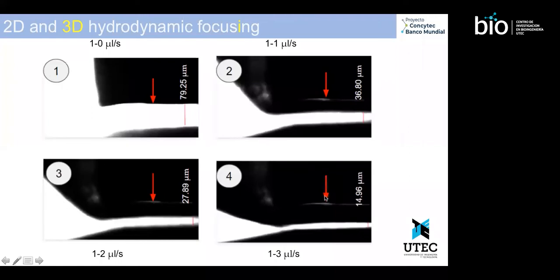The arrow indicates the edge of the channel. So you can see in figure 1, the particles are all over the place, while in figure 4 we managed to make the particle stream only about 15 micrometers high. And keep in mind that the particle is about 10 micrometers. So that's quite good.